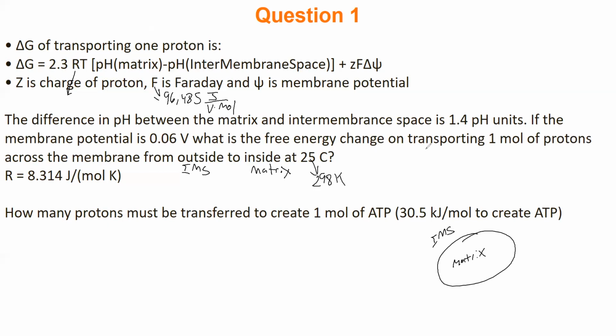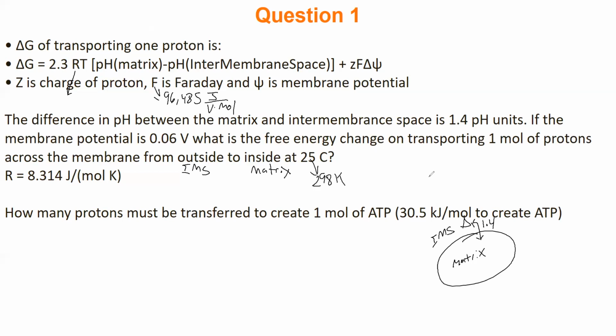So the difference in pH between the inner membrane space and the matrix, this delta between these two, is 1.4 pH. Right? So what has more protons? That would be the IMS. So if you wanted to put fake numbers, you can do that.